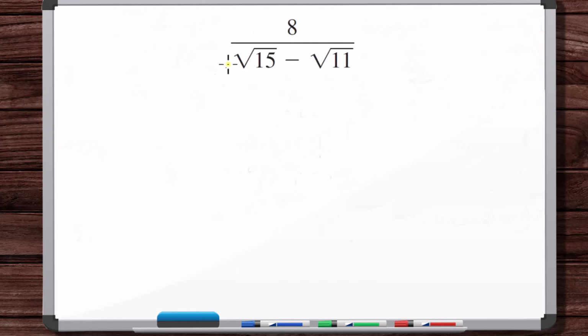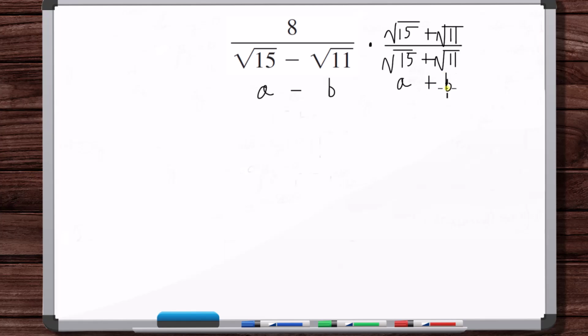Okay, so what do we do here? Well, we take advantage of the fact that if we multiply this by the conjugate, so this is a minus b times a plus b, the result we know is a squared minus b squared. Well, a squared is 15. The square root of 15 squared is 15.